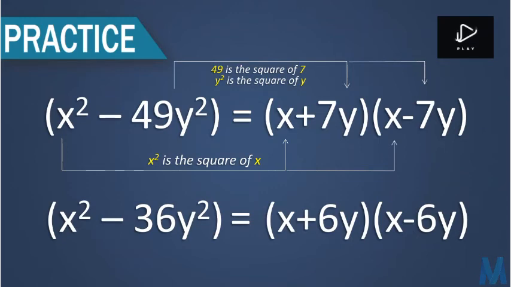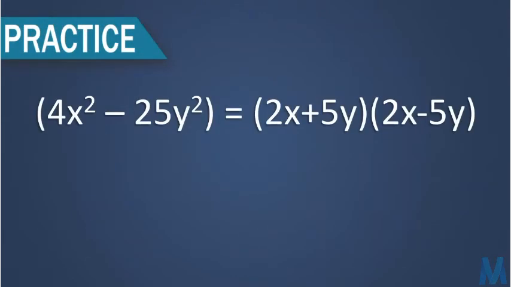Okay, let's try another one. So this time, both terms, the first and second term, are combinations of numerical and literal coefficients. So we have the first term 4x squared minus the second term 25y squared.